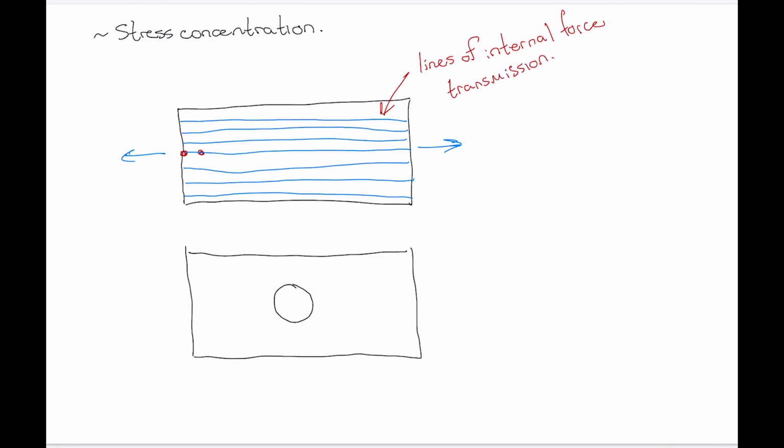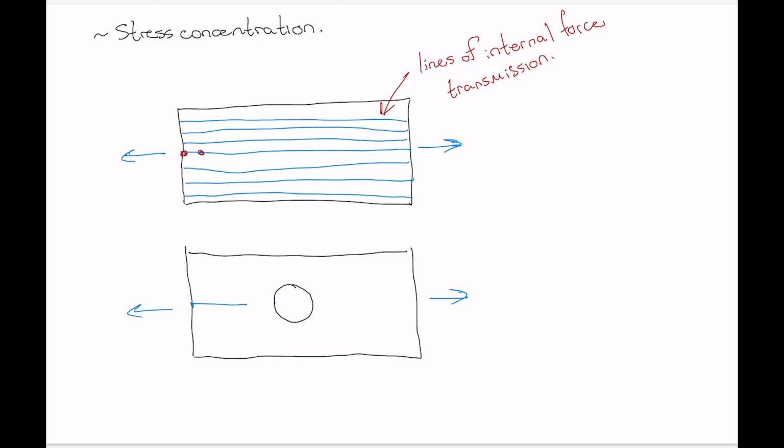Okay, so now let's consider how the internal force transmission is affected by this presence of a hole. Okay, so we've got our forces being applied here. Now, if there's a hole in that plate, then the material at this edge doesn't know that there's a hole there. So it's going to transmit force from one to another. But the force can't be transmitted across the hole.